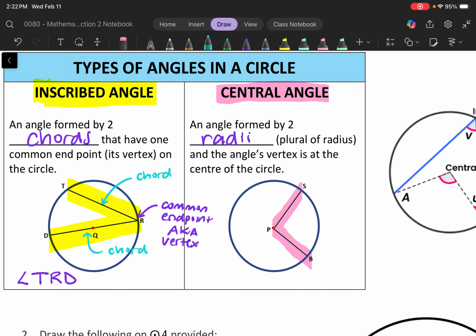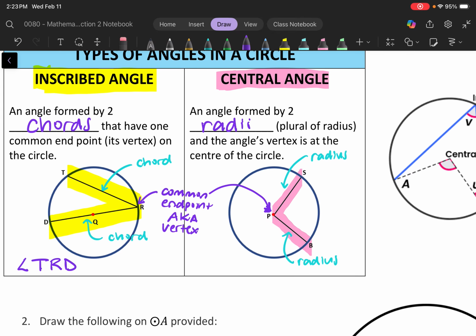Both of these are radii. And here we have the common endpoint, aka the vertex. It happens to be in the center, which means I have the central angle. And this central angle I can also name, and I would call it SPB or BPS. However I want to name that angle, as long as the vertex P is in the middle.